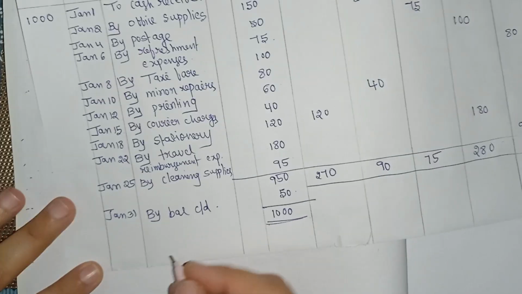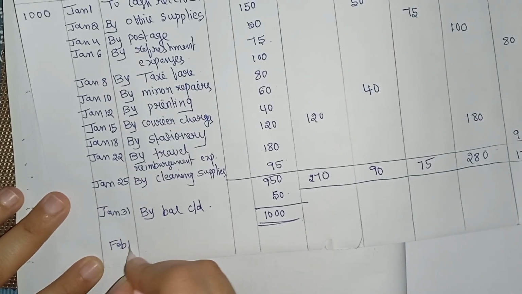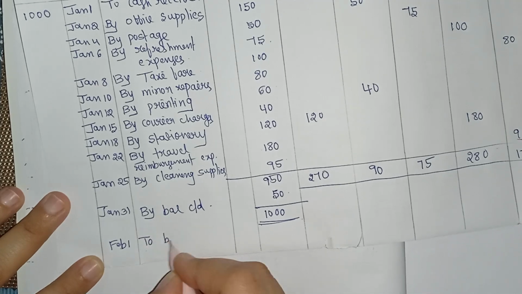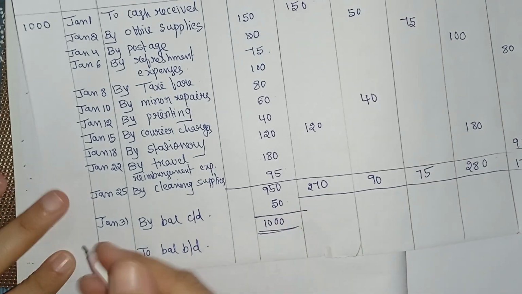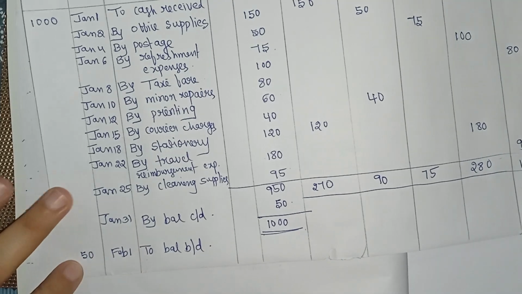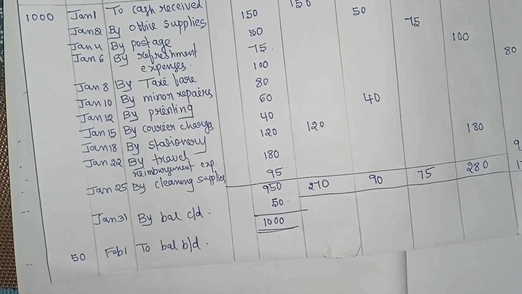Now we have to bring down the amount. So on February 1st, to balance brought down, that is rupees 50, means this is the rupees 50. This is the remaining amount of balance in the petty cash book.